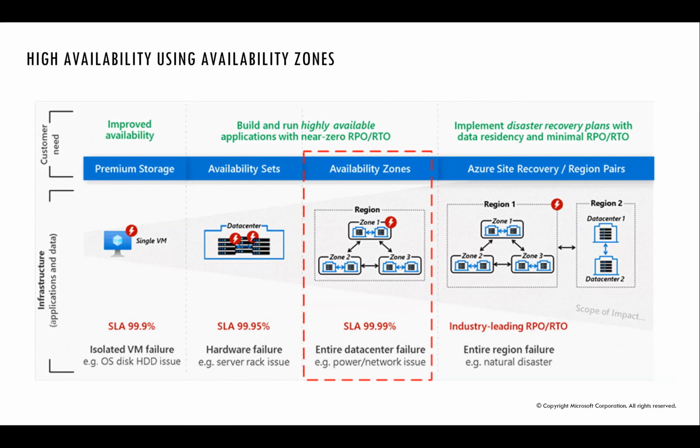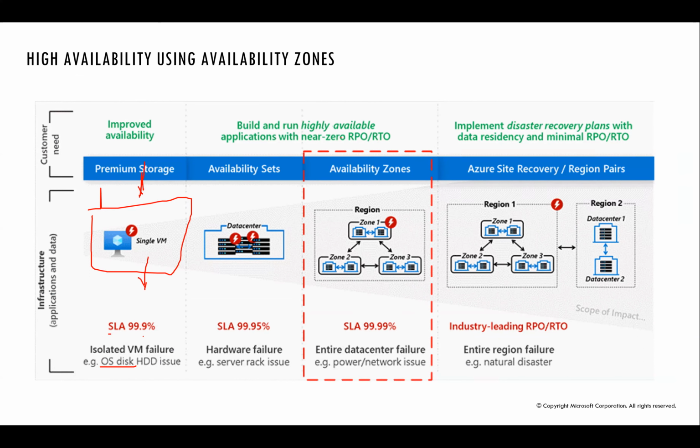So now looking at this, if I have a single VM that is on premium storage and managed storage, when you have issues like OS disk issues and stuff like that, this guy is protected.